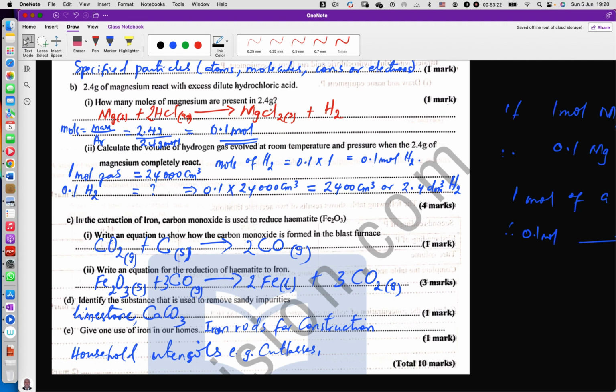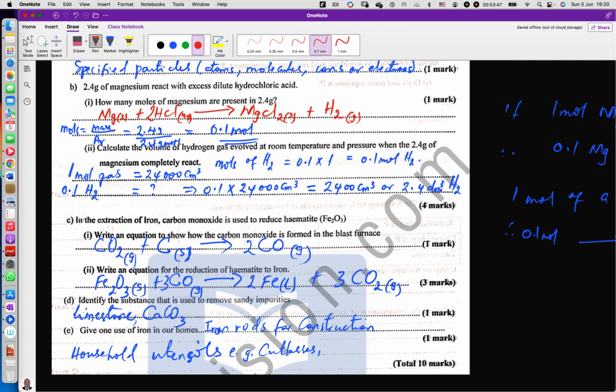We'll write the equation as magnesium plus hydrochloric acid to give magnesium chloride and hydrogen gas that is being produced. Now remember there is a formula for moles.